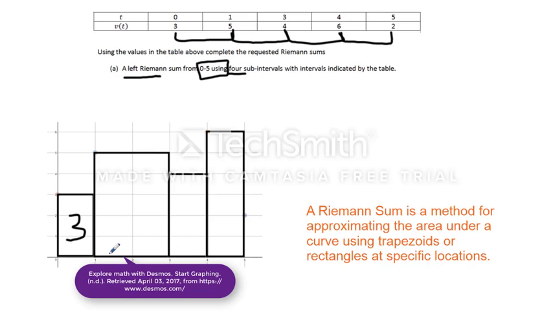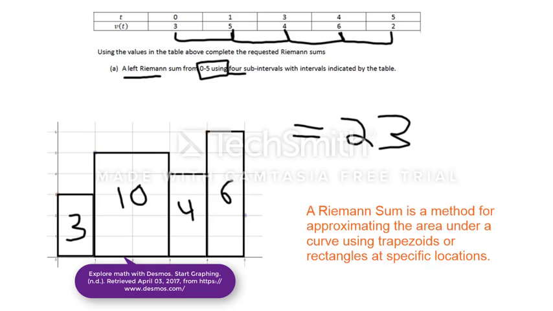Our next rectangle has a width of 2 and a height of 5, so we're going to end up with 10 in this case. Then we have a 1 by 4, so again, we're going to end up with an area of 4. And then our last rectangle is a 1 by 6, so we're going to end up with an area of 6. Finally, if we just add all of these values together, we're going to figure out that the approximate area under this curve using a left Riemann sum is 23.